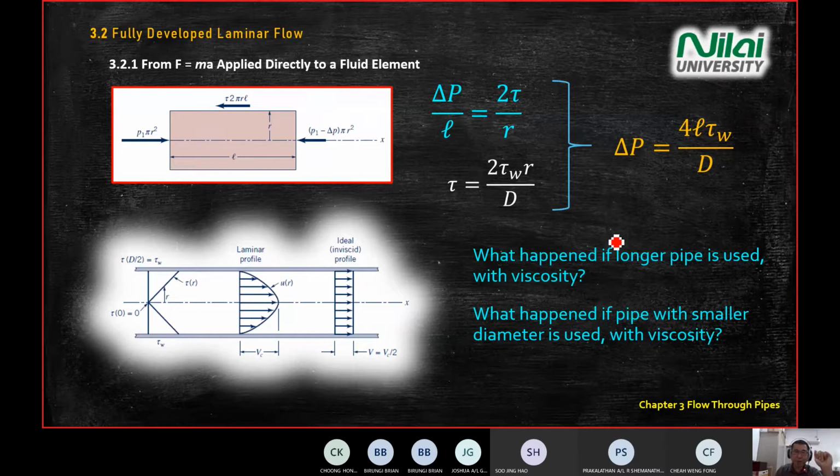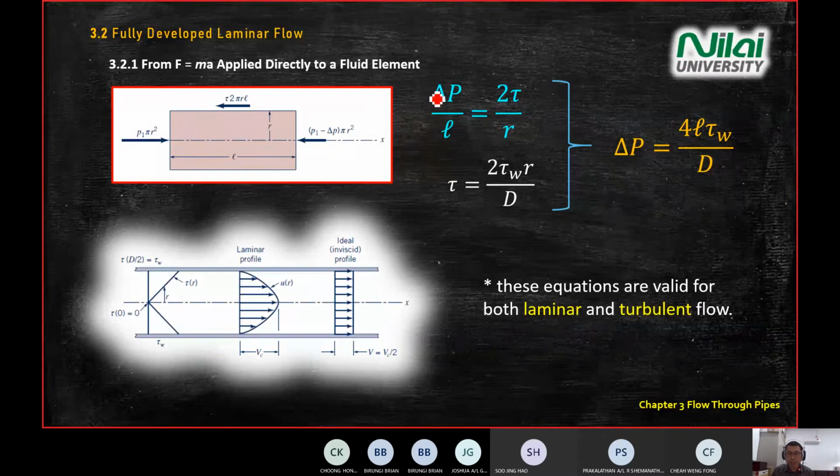For example, you get a certain value of D, then I ask you to improve the velocity, or get a certain Reynolds number, make it become laminar flow or turbulent flow. Then these are the parameters we're looking at, either P, D, or L, or shear stress. So these are the parameters we're going to use.